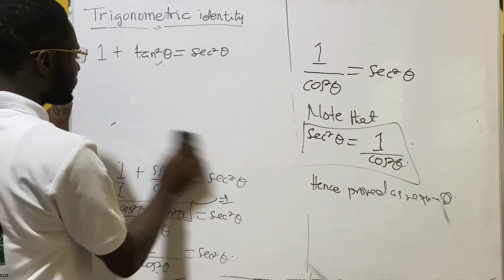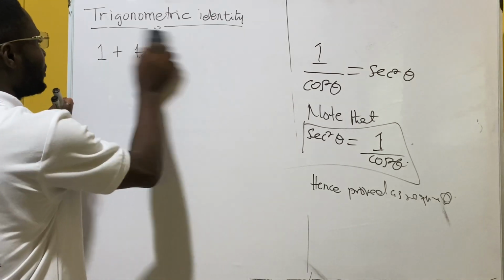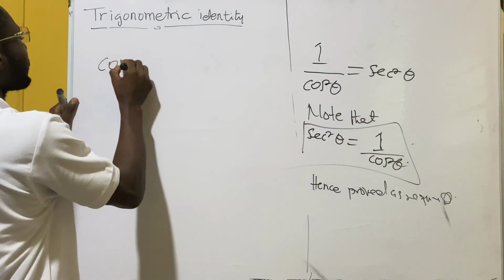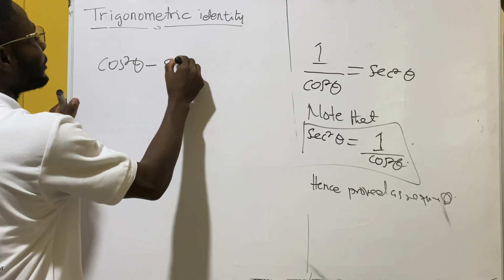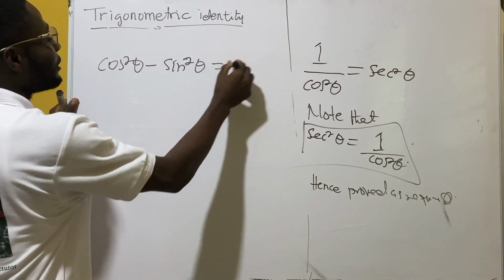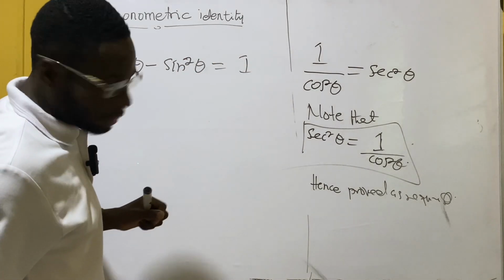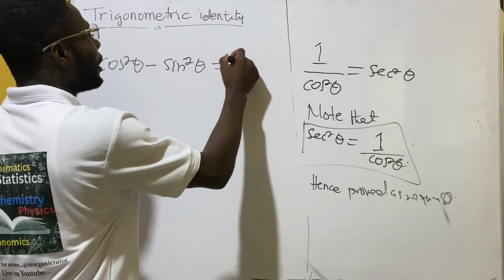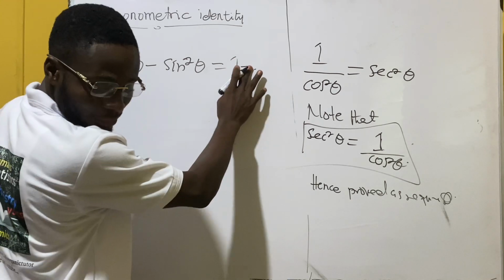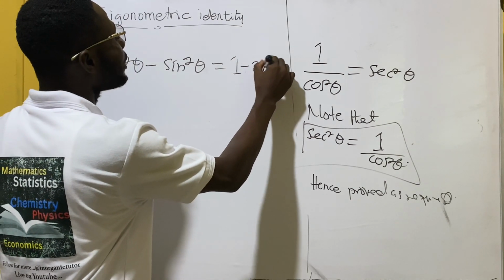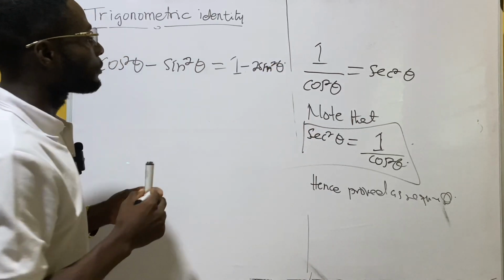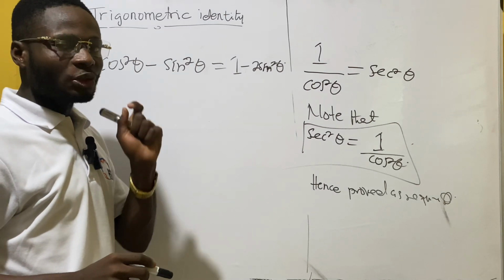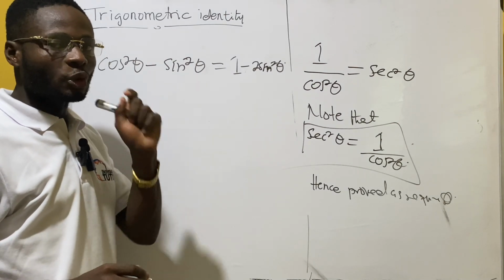You know that there is one identity: cos squared theta minus sine squared theta is equal to 1 minus 2 sine squared theta, right? This is obtained from sine squared theta plus cos squared theta.